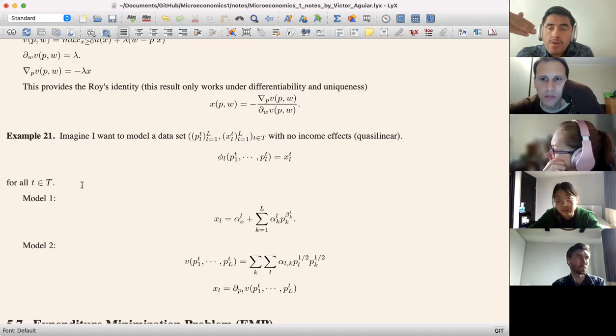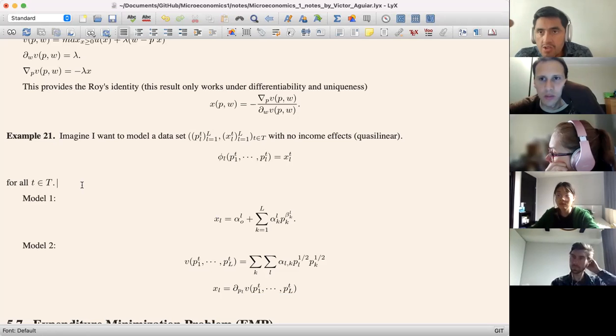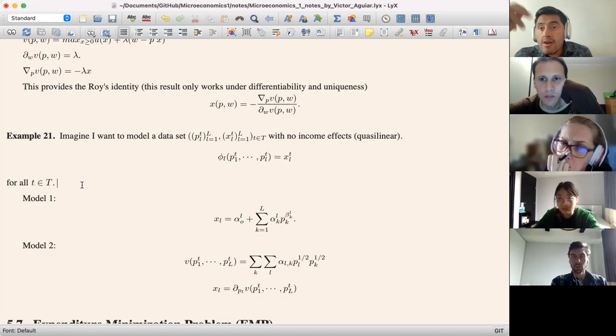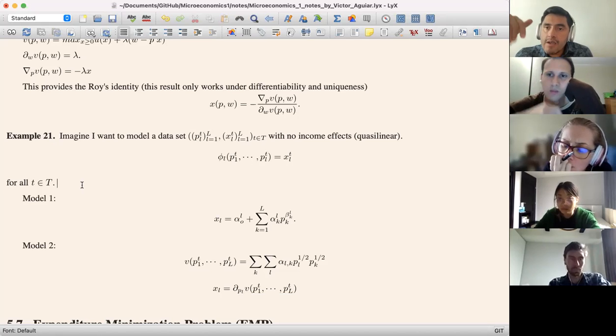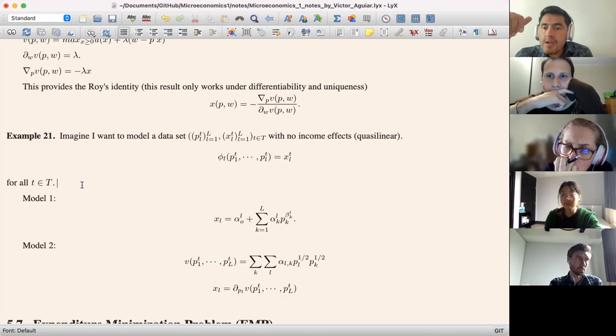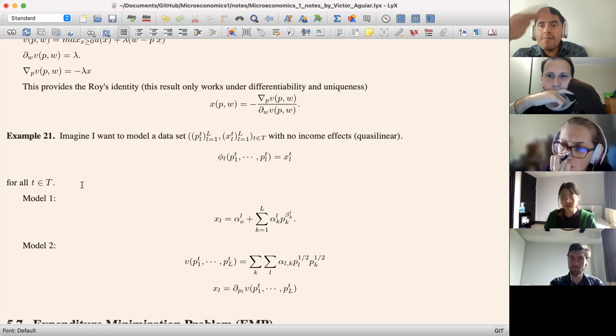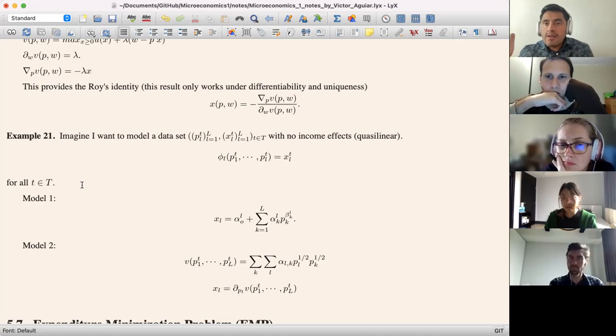So we know the properties of the indirect utility. We know they are quasi-convex. In general, people assume convex preferences. We know they're homogeneous of degree 0. We know they are continuous and so on. We know they are strictly increasing in income and non-increasing in prices. With these properties, it turns out that if you write down any model that satisfies the properties I just listed, that's enough to have a model that is as if it comes from a direct utility and you maximize and you get the whole thing.